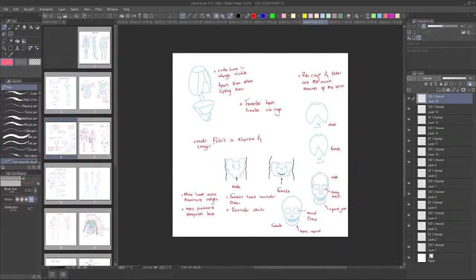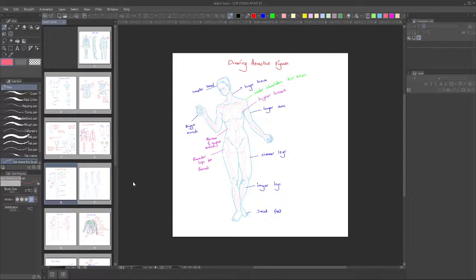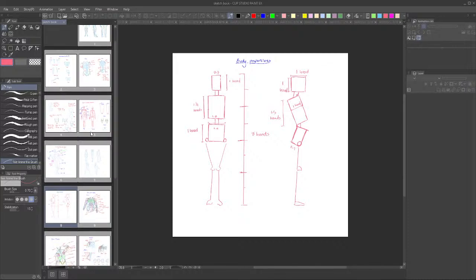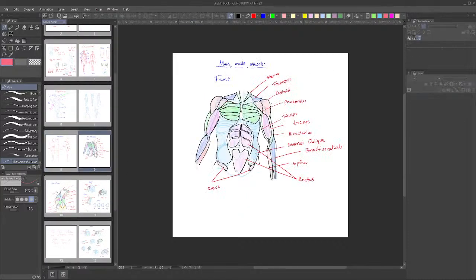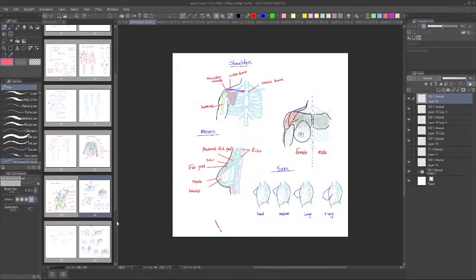Use reference. Don't worry about proportions when you're starting out. It's not that important. You will fix proportions once you know what you're drawing. Once you get the proportions right, that's when you start simplifying things.